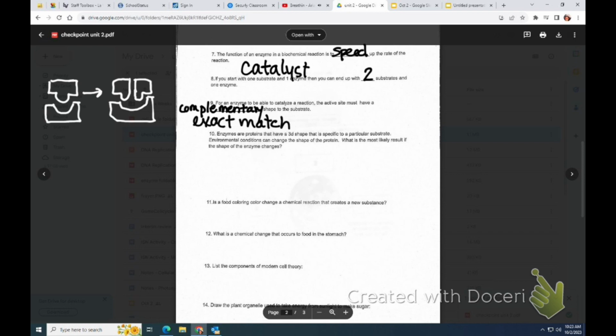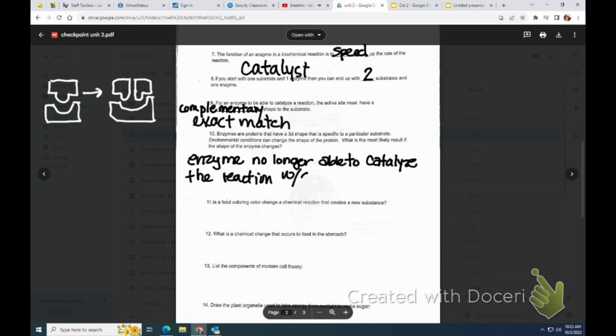So the enzyme is no longer able to catalyze the reaction with the substrate.